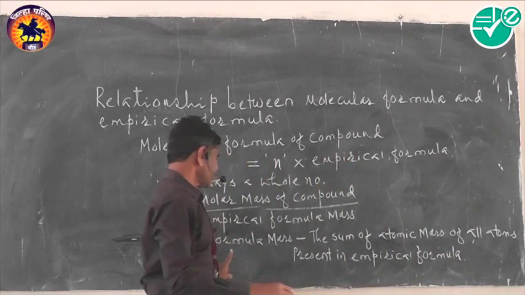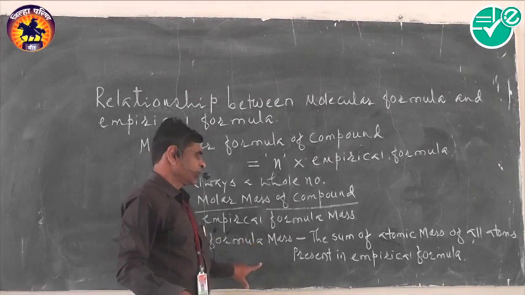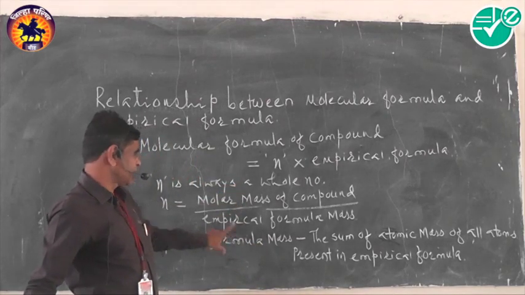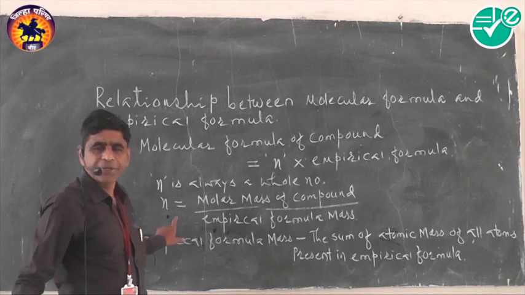So that is empirical formula mass. And so the ratio of molar mass to empirical formula mass gives the value of n.